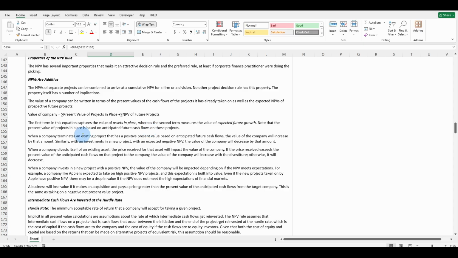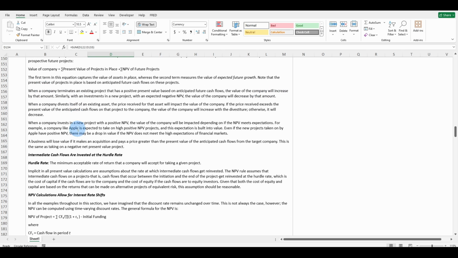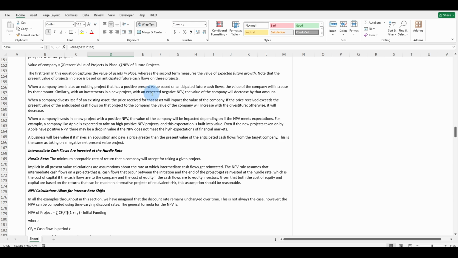Note that the present value of projects in place is based on anticipated future cash flows on these projects. So when a company terminates an existing project that has a negative present value based on anticipated future cash flows, the value of the company will increase by that amount. Similarly, with an investment in a new project with an expected negative net present value, the value of the company will decrease by that amount.